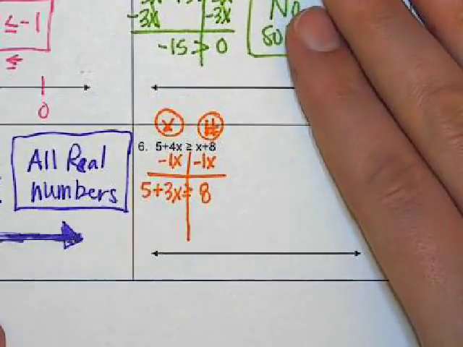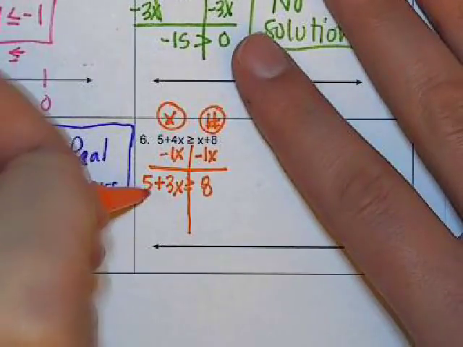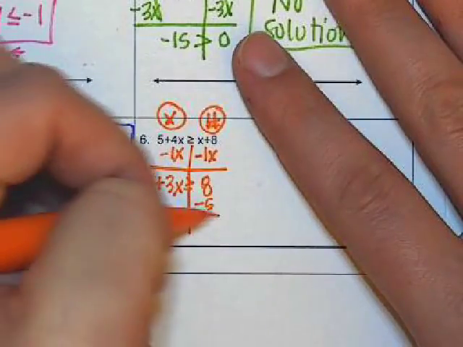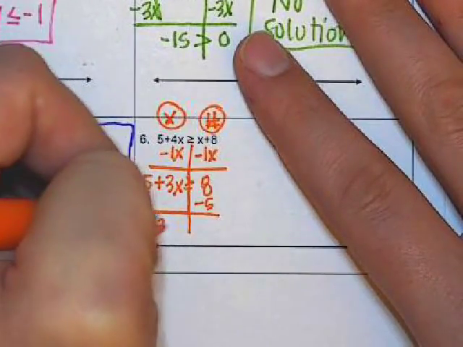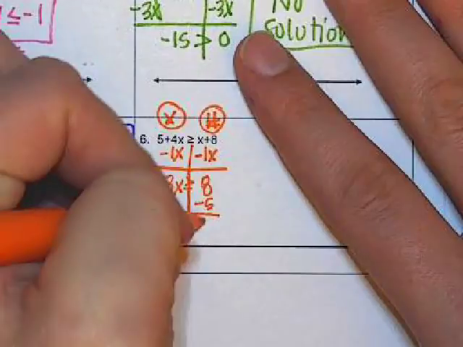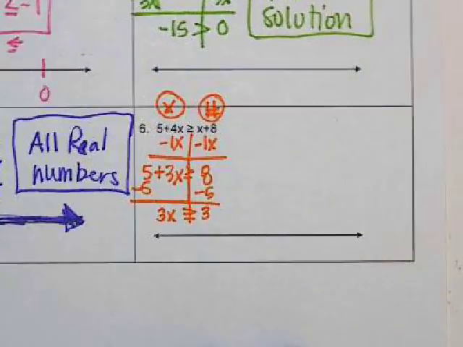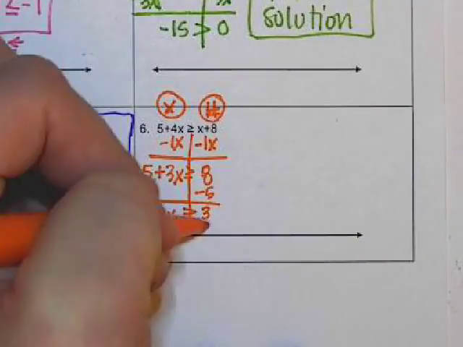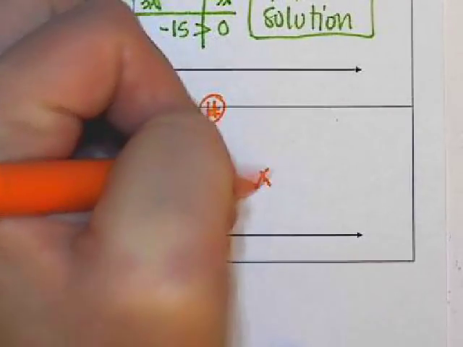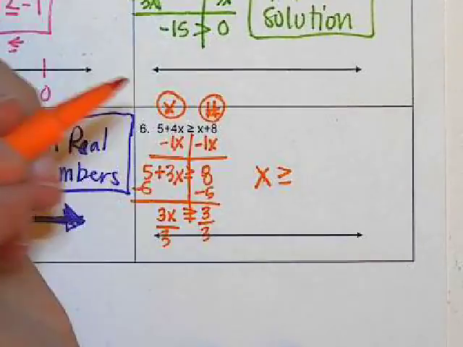Now what? Minus 5 on both sides. 3x greater than or equal to 3. Divide by 3 on both sides. X is greater than or equal to 1.